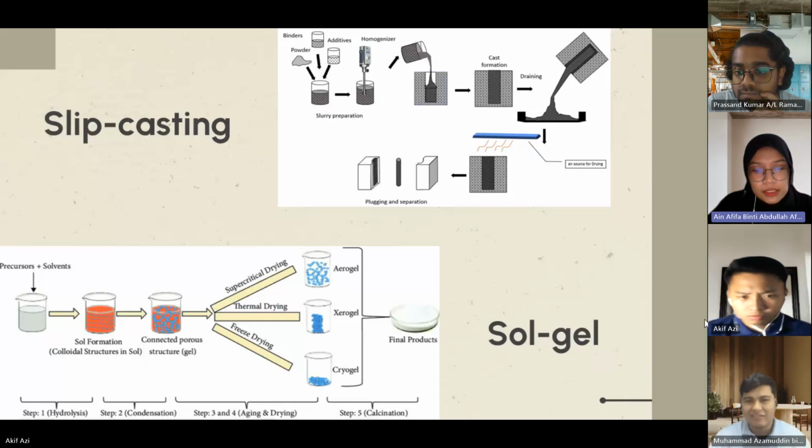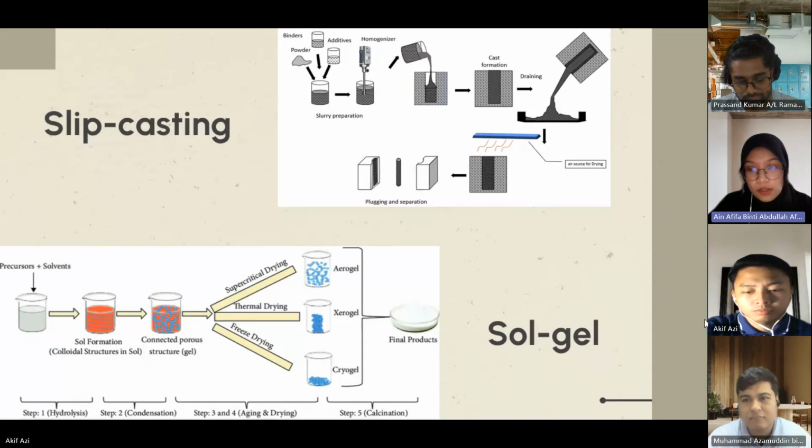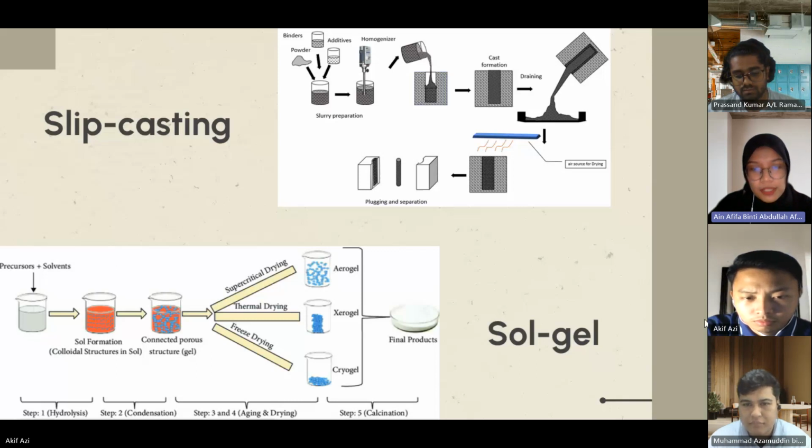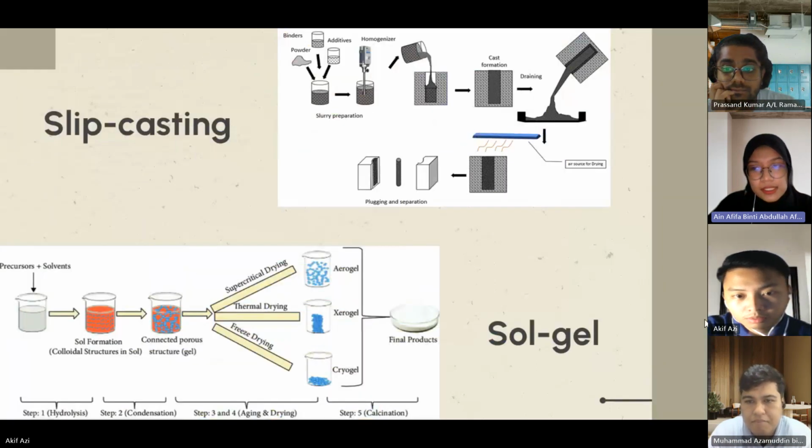Then the gel undergoes one of three types of drying processes: supercritical drying, thermal drying, or freeze drying. These remove the solvent and form either an aerogel, xerogel, or cryogel, respectively. The final step is calcination, where the dried gel is heated to high temperature to create the final microporous ceramic membrane product.